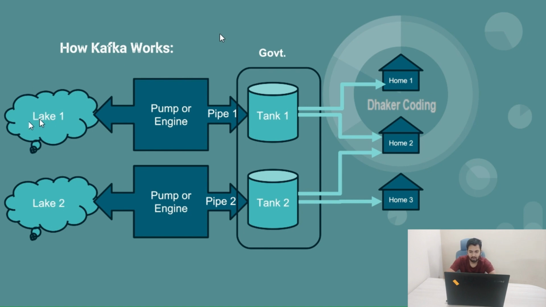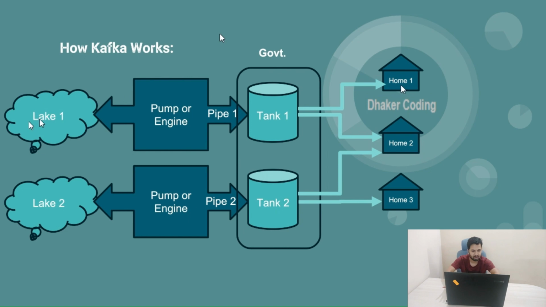Table one data is streamed to pipe one, so pipe one is a Kafka topic. Then that is stored through the pipeline into tank one. Tank one we can say is a broker, and tank two, similar for lake two as well.